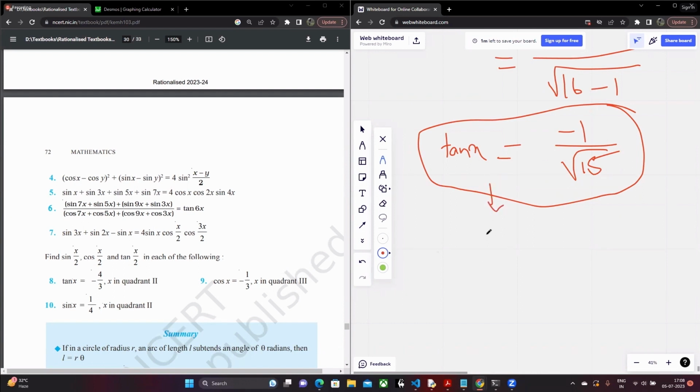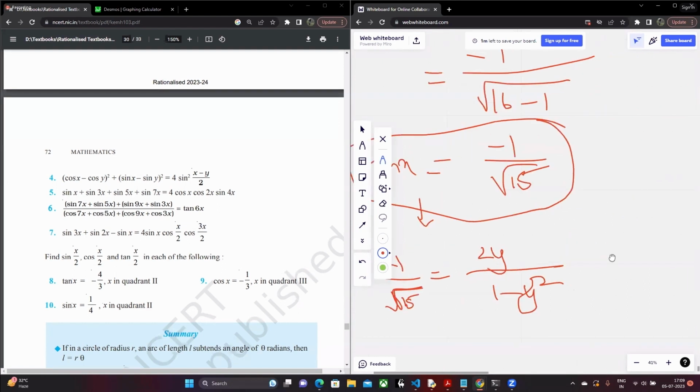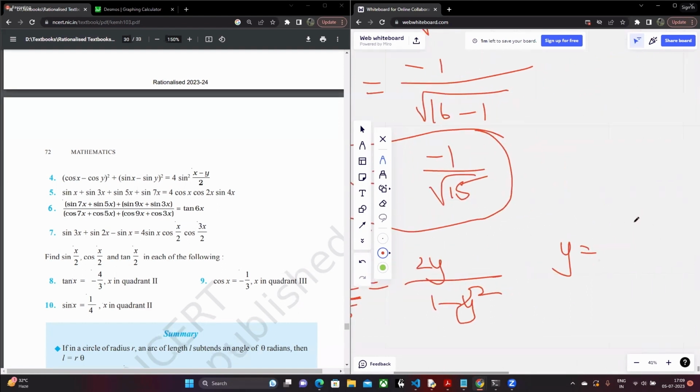From this, I can figure out tan of x by 2. I'll write that minus 1 by root 15 is equal to 2y divided by 1 minus y squared, where y is equal to tan of x by 2, and y is greater than 0 because x by 2 lies in the first quadrant.